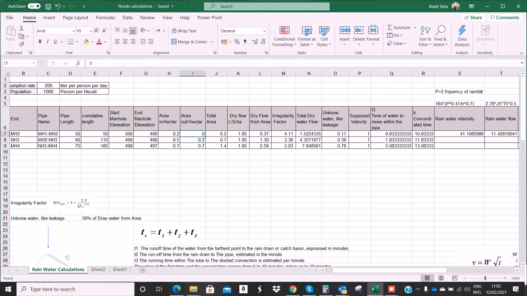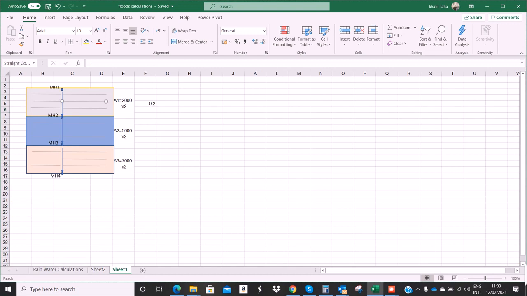Now, as I said, each area will discharge its water to the next area. So I call the first area "in" and the water coming from the other areas "out". If you look at this area, what is coming to it? Nothing, zero. Nothing discharges water to this area because it is the first area.